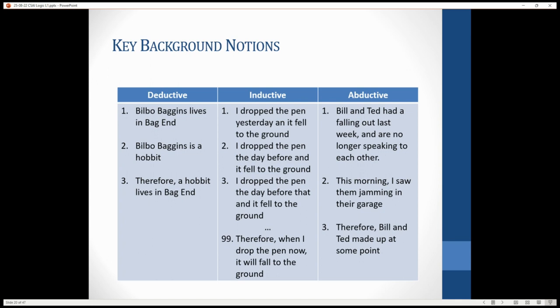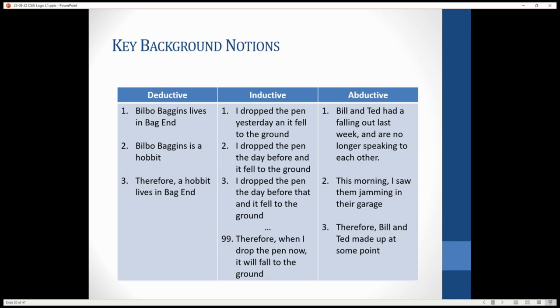Now note, is this argument valid? No, I mean, they might be hate jamming, I guess. So abductive arguments basically work by postulating explanations that kind of post hoc explain the situation.